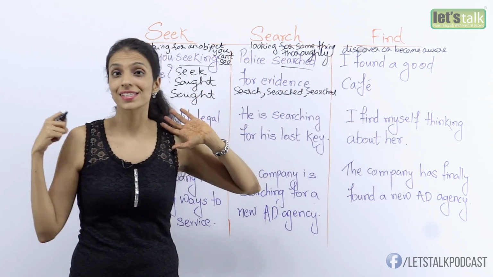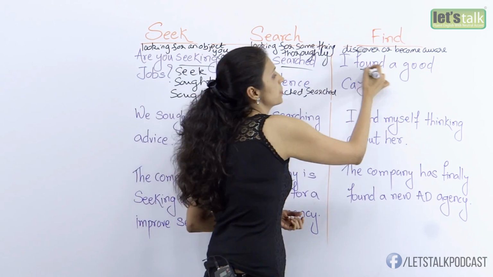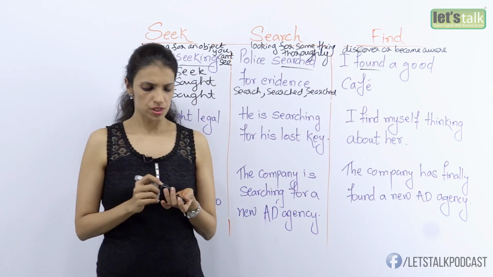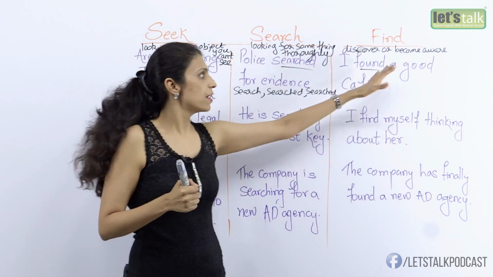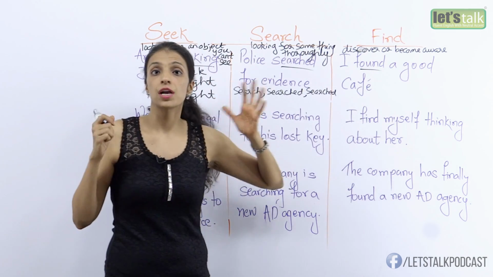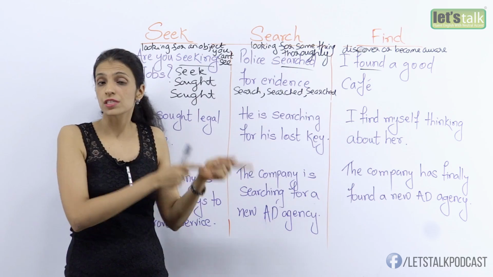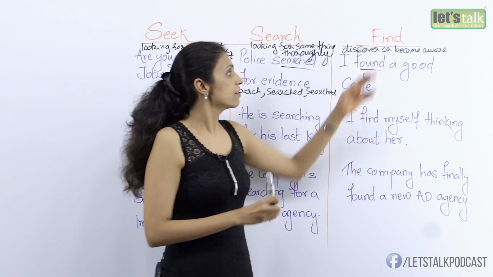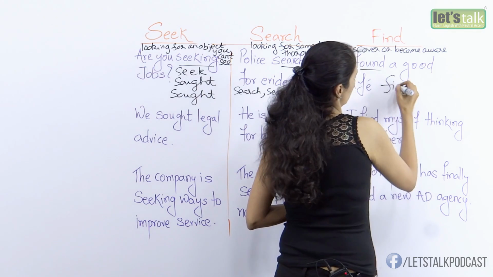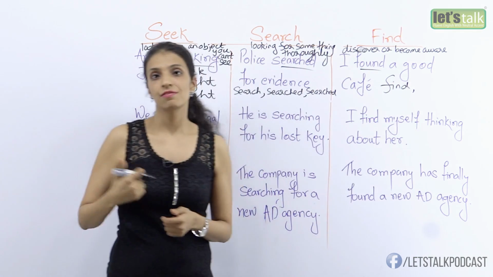That means I discovered it. Just imagine if I'm walking on the road and I turn into a street and wow, that's a new cafe. So I found a good cafe. It's a discovery. I discovered it's here. It's a new cafe. It's a good one. So I discovered it. So I found it. Find is a verb. You have three forms: find, found, found.